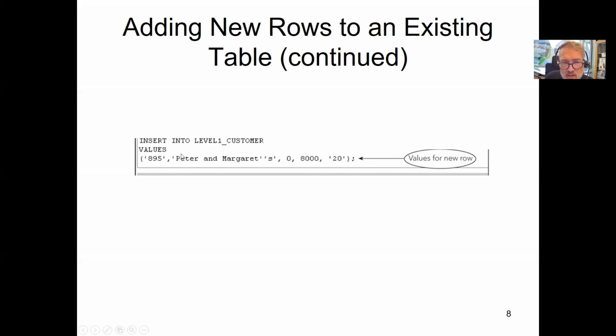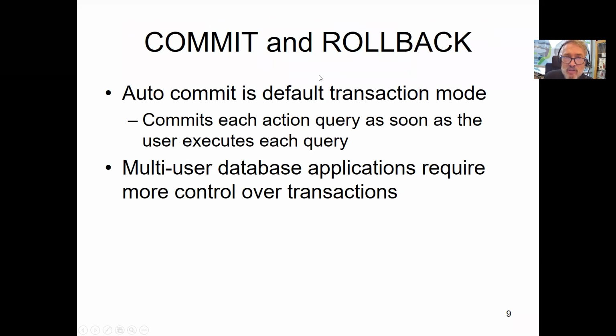In this one here, notice we're not saying what fields we're going to put the data into, and that's because we're putting values into all of the fields in the order that they are presented. Stating what fields before the values allows us to change the order or also change the number of fields that we add data to, because you don't have to do it to all.